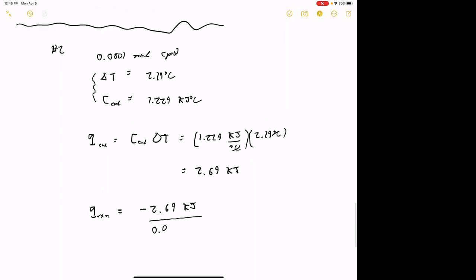So that's 0.0801 moles of compound. And they wanted kilojoules per mole, right? So it looks like that's the right thing. So divide by 0.0801, and I end up getting, looks like, minus 33.6 kilojoules per mole.